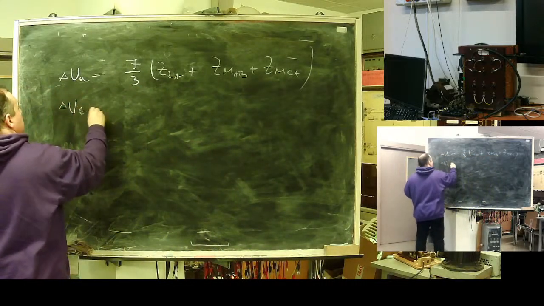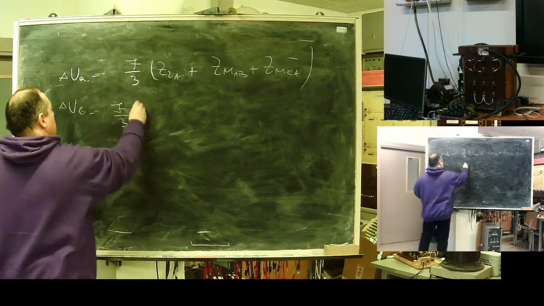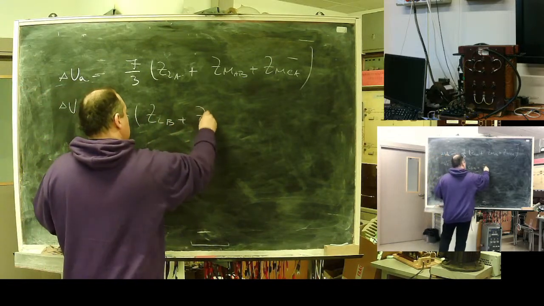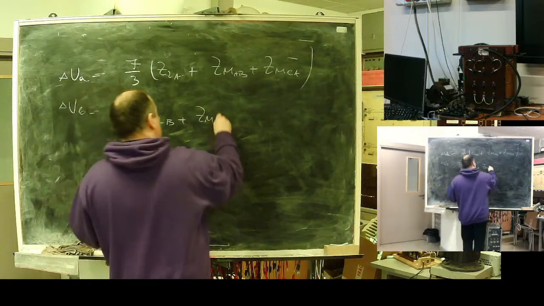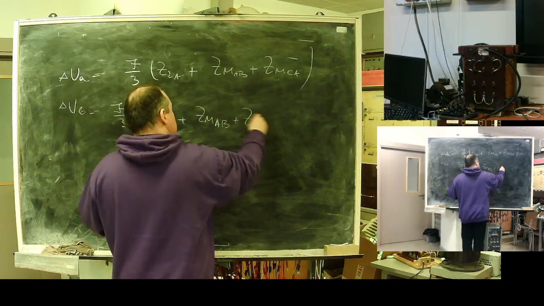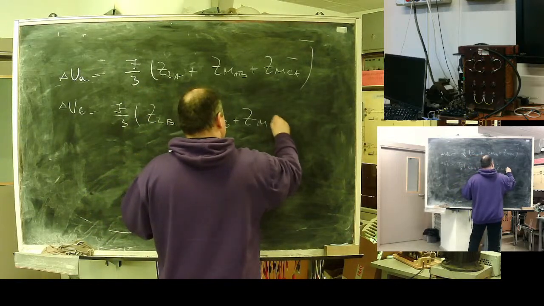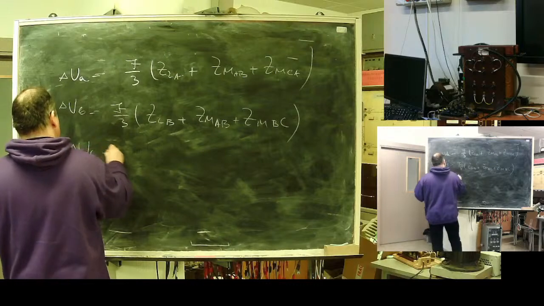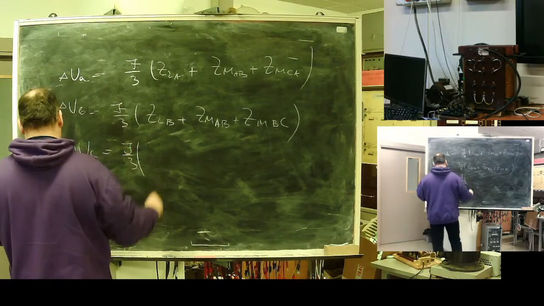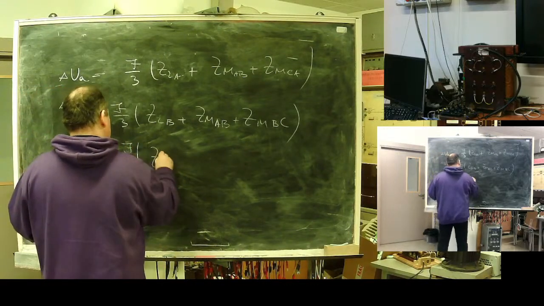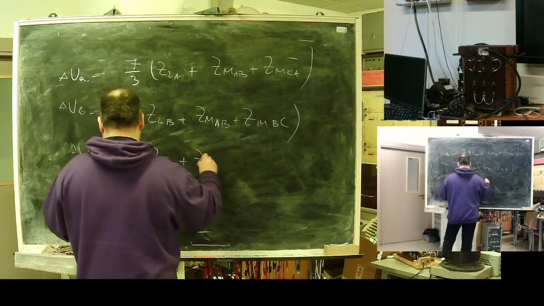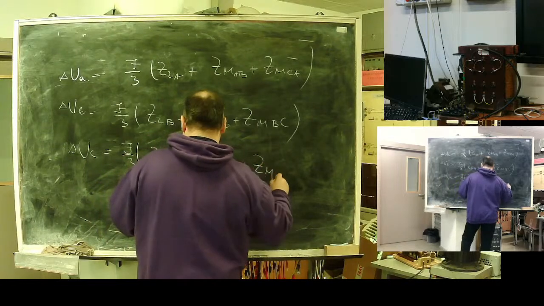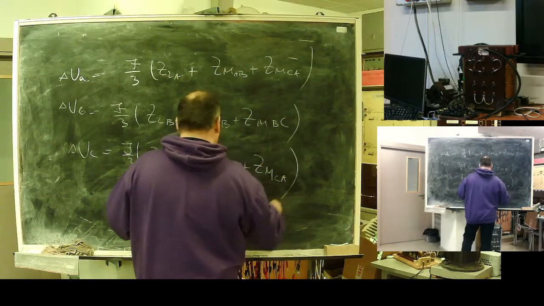Delta will be B plus AB plus ZMBC, and for C phase it's again AC plus ZMBC plus mutual CA.